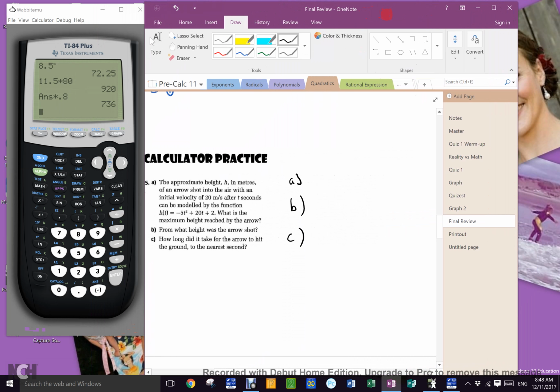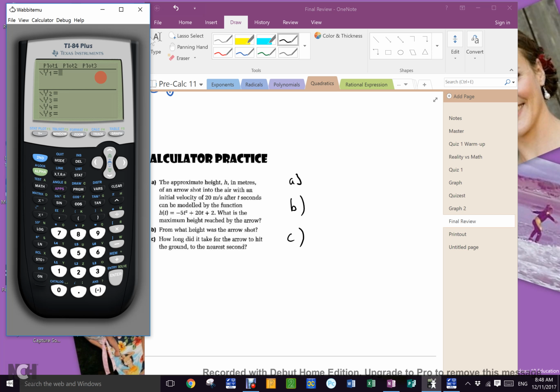So what do I punch in there? I punch in my equation. Negative 5x, because x is the variable, yes? Squared plus 20 plus 2. Then I graph it. Now it fits on my graph, doesn't it?